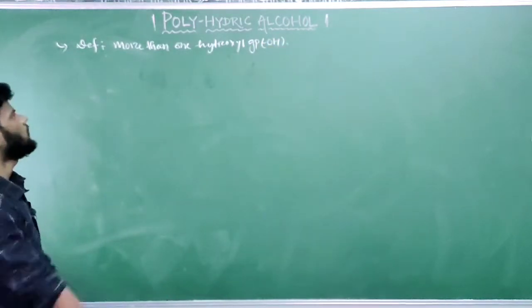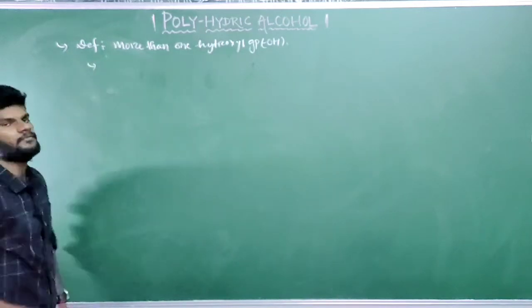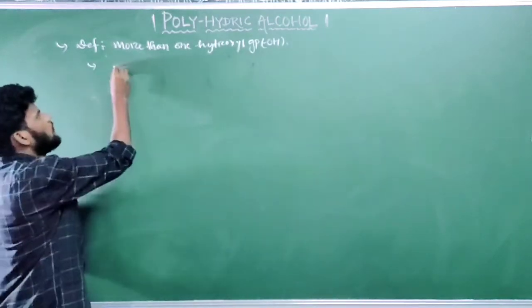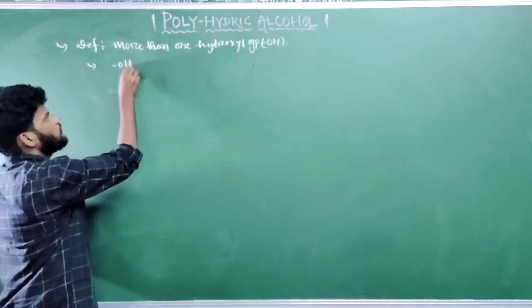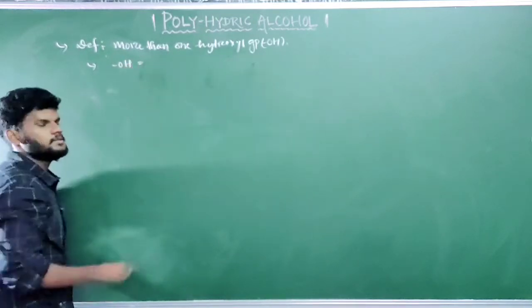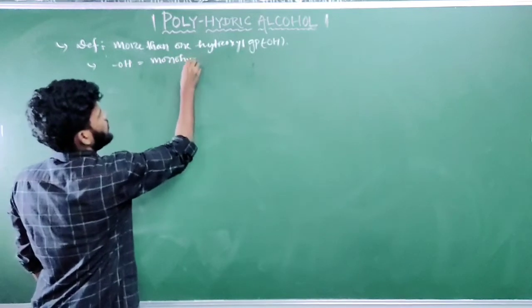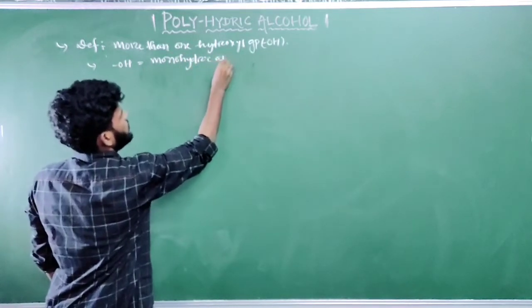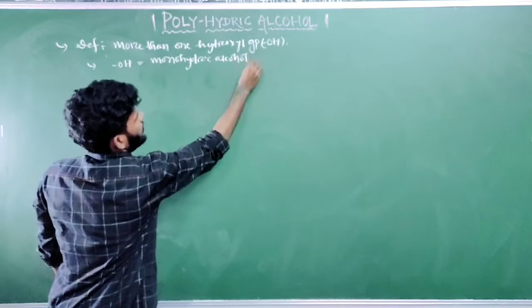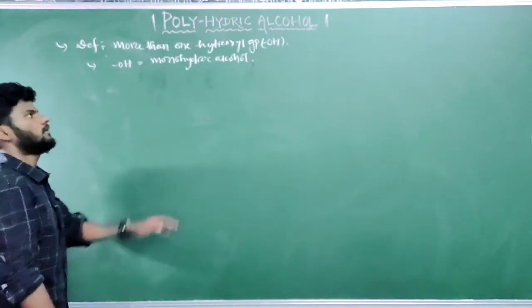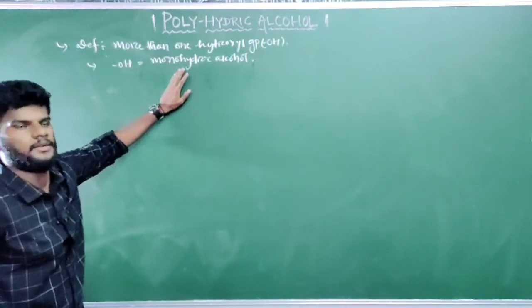If in a compound there is one hydroxyl group, meaning one OH group, then we call it monohydric alcohol, and we have already discussed monohydric alcohol.